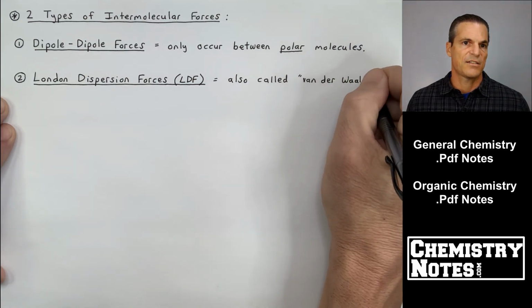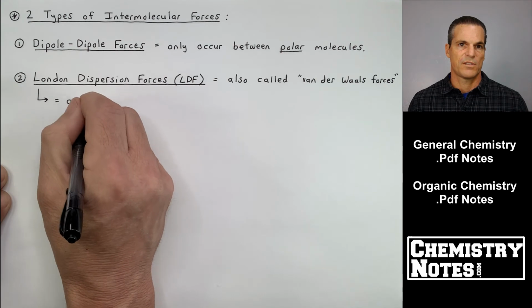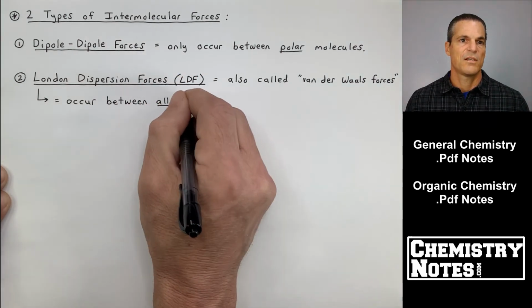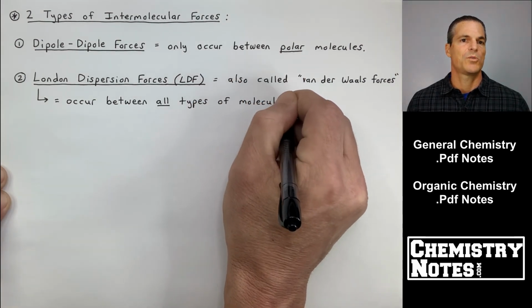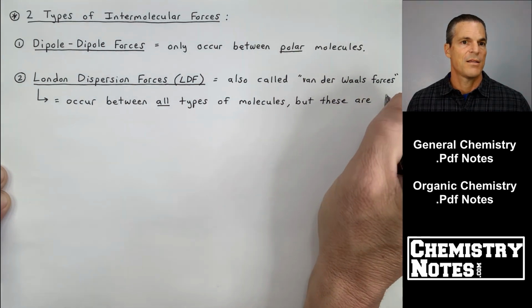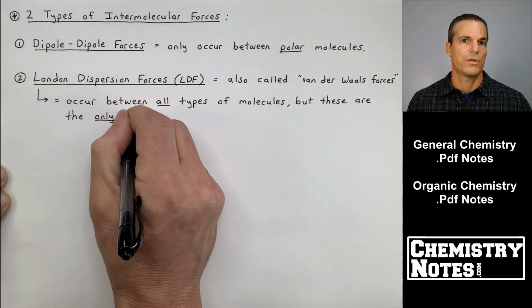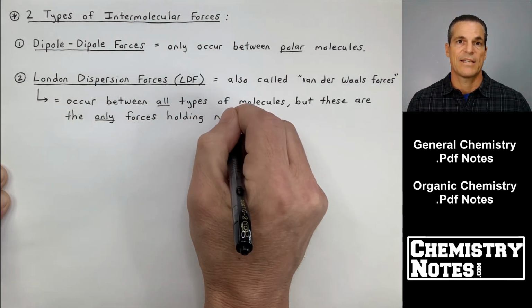The second type of intermolecular force is the London dispersion forces, LDF. Sometimes they're called van der Waals forces, sometimes they're just called London forces. But these occur between all types of molecules, and they are the only type of intermolecular force for nonpolar molecules and nonpolar noble gas atoms.